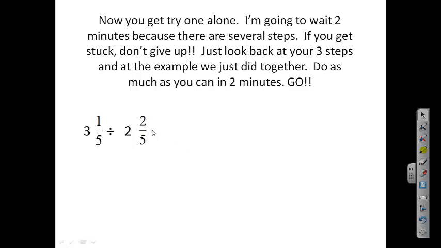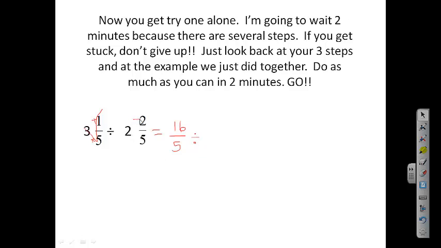Okay, time's up. Okay, we're going to change to an improper fraction. Remember the Texas method? Texas check. 3 times 5 is 15, plus 1 is 16, and the denominator stays the same. And we're still dividing because we're not doing keep it, change it yet.